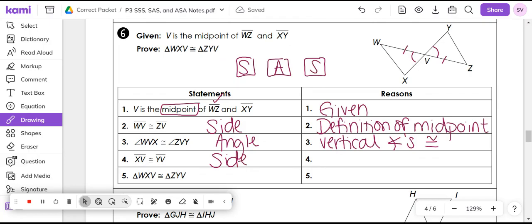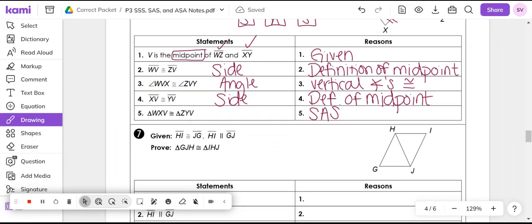I have XV, it's congruent to YV. So that is based off of the fact that V is the midpoint of XY. So that's also definition of midpoint. Okay, a midpoint breaks a segment into 2 equal pieces. And then now I have both of my triangles congruent by side, angle, side. Okay, so that's number 6.